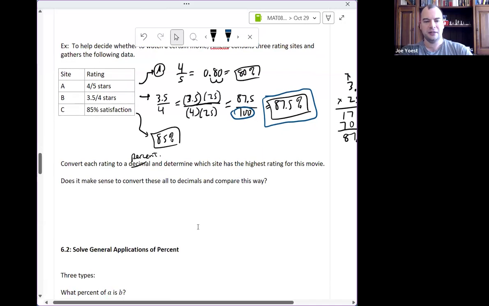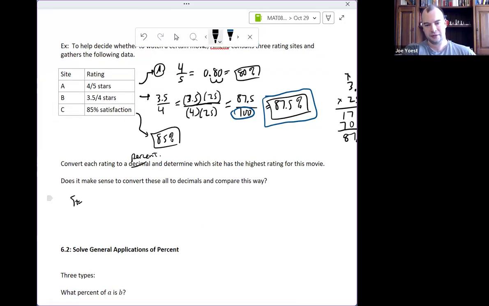Why is that? Well, for star rating, typically the scale is that you can rate from 1 to 5 stars.